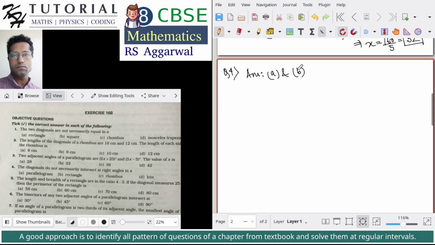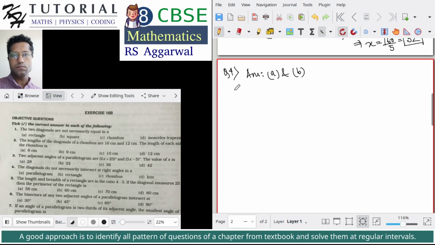Only one choice should be correct. But choice A is parallelogram. In a parallelogram, we know that the diagonals do not necessarily intersect at right angles. Rectangle. Okay, the answer is A and B.